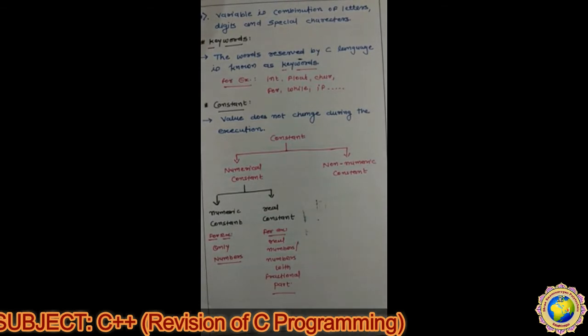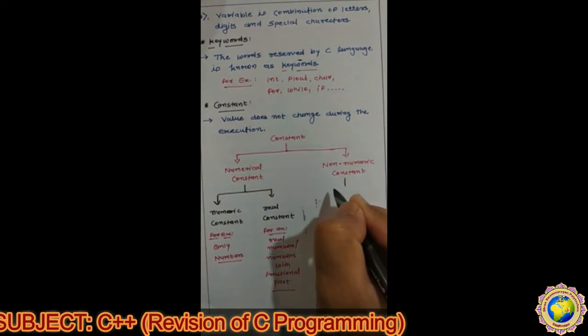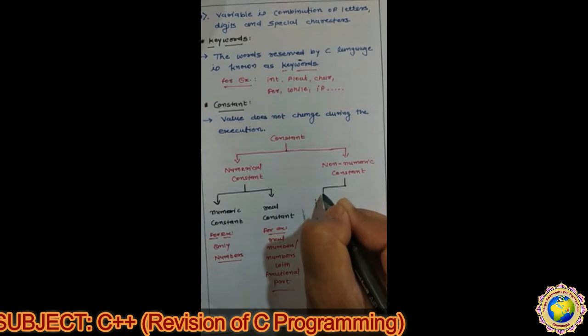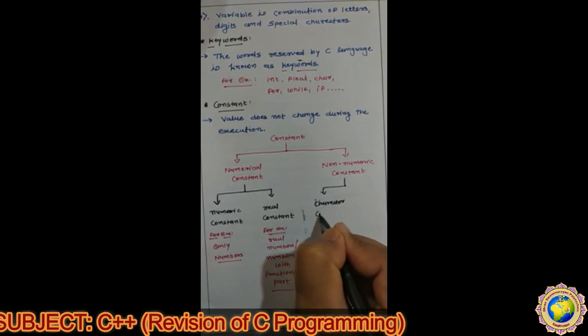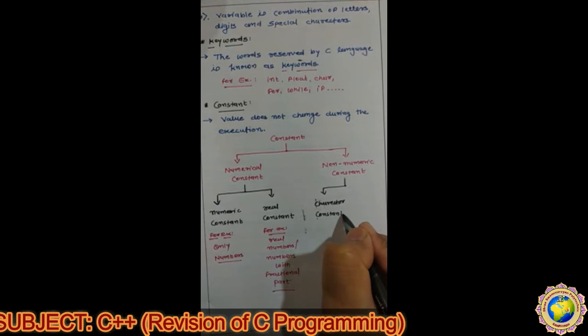In the non-numeric constant, there are two kinds of constant. The first one is the character constant and the second one is the string constant.